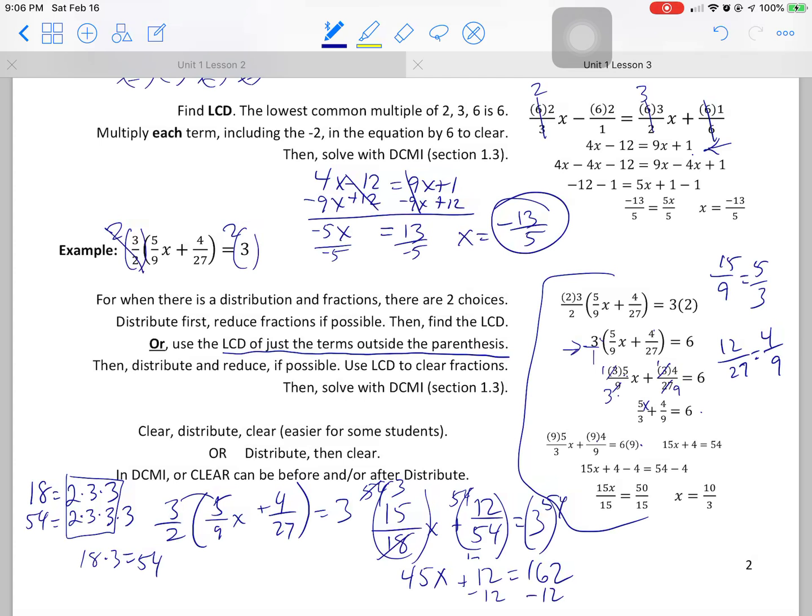Minus 12, 45x equals 162 minus 12, which is 150. 150 divided by 45 is a run on 3, so I can't do that. How about dividing by 15? So that is 10 over 3. You get the same thing. I just like the way up here because it stays nice and small.